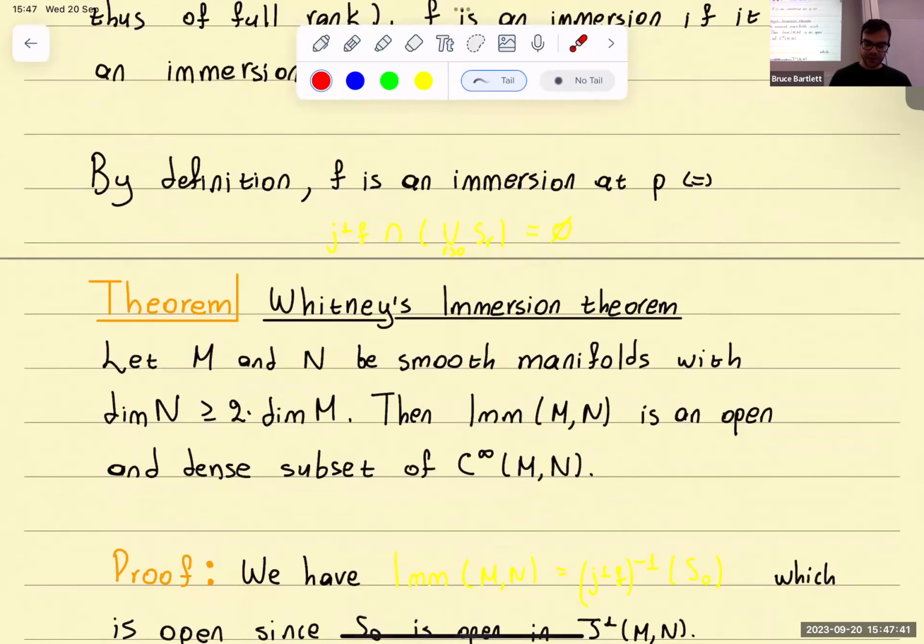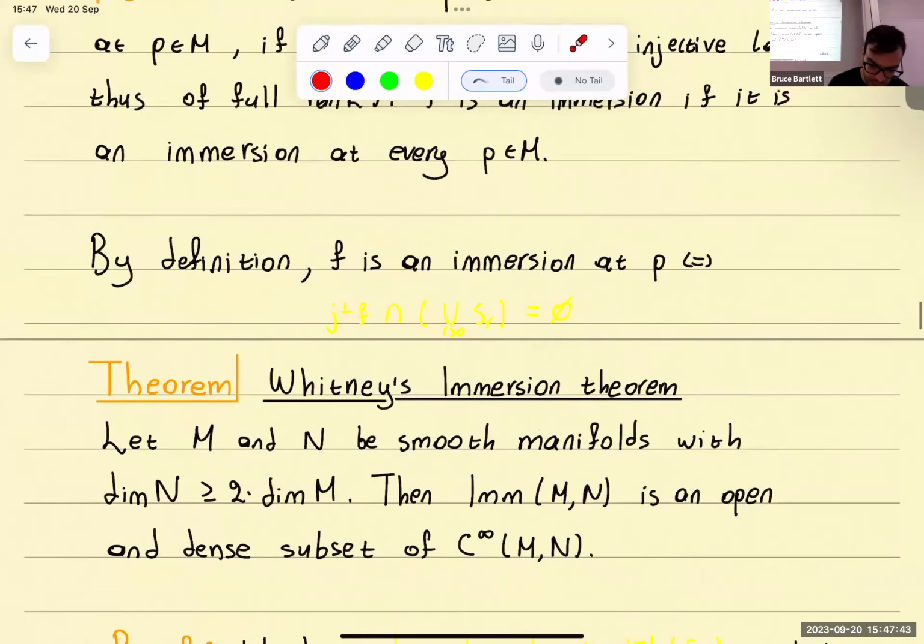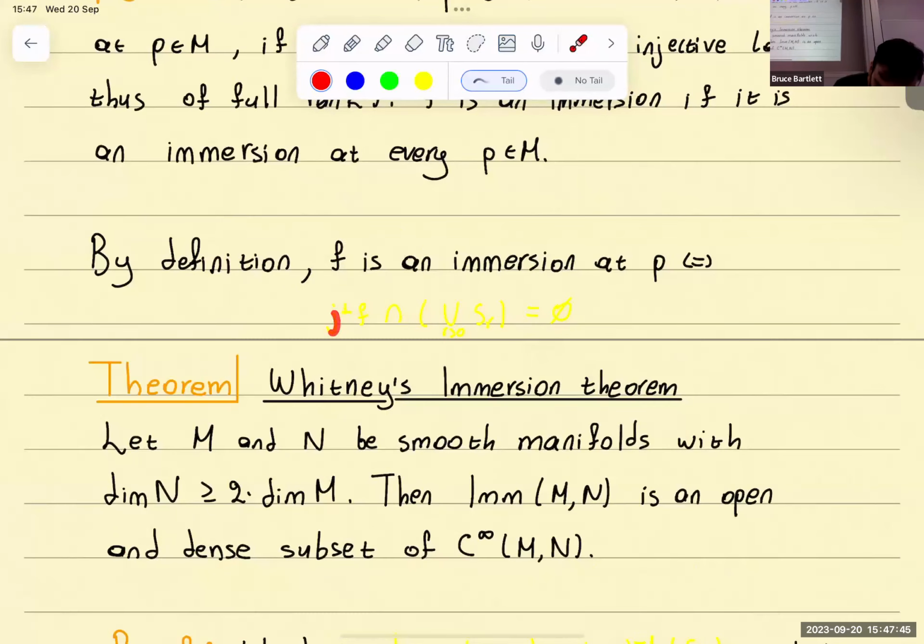An important thing in this story is that f being an immersion means that the first jet section of f... there are many ways you can say that.